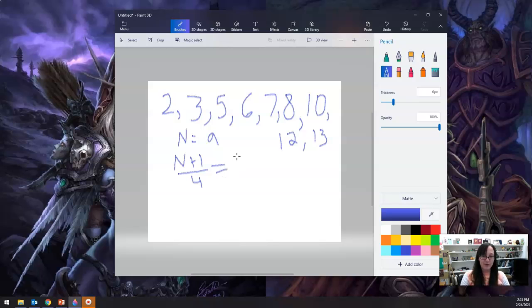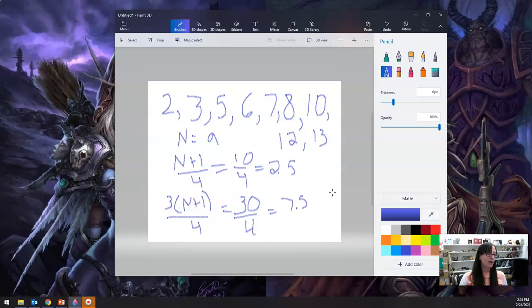That's 2.5. And the third one is just going to be, we multiply this by 3, so 3 times (n plus 1) over 4. So 9, 10, so 30 over 4, and that is 7.5.